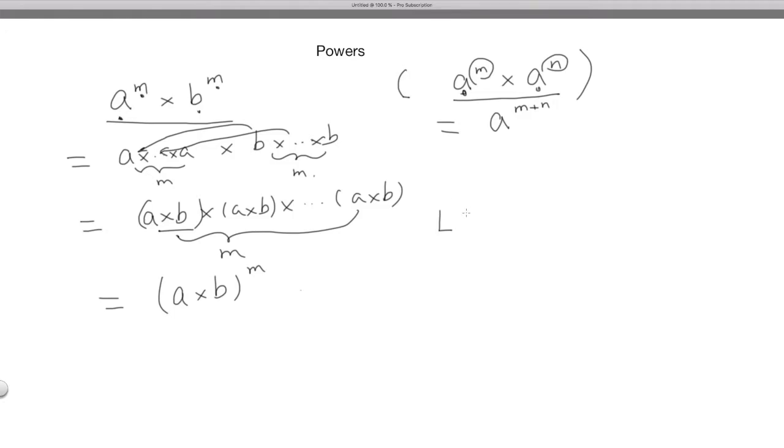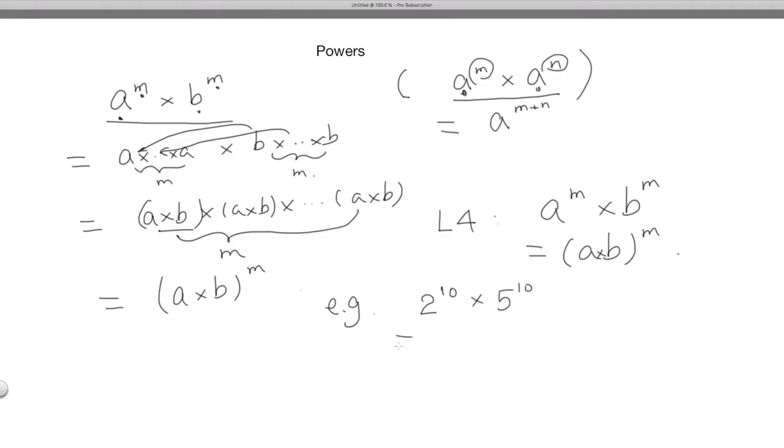Okay, law number 4. When the bases are different and the exponents are the same, you can combine the bases together by multiplication, and then the power stays the same. So for example, let's look at a simple way of calculating 2 to the power 10 times 5 to the power 10. One way, of course, is to calculate this as 1024, and calculate the other one and then multiply them together.